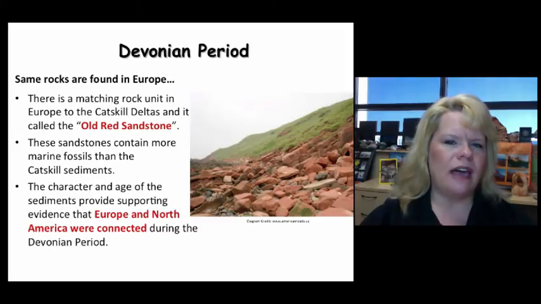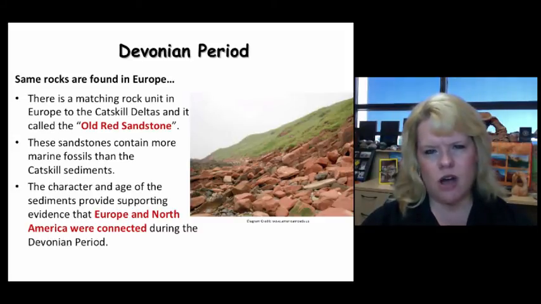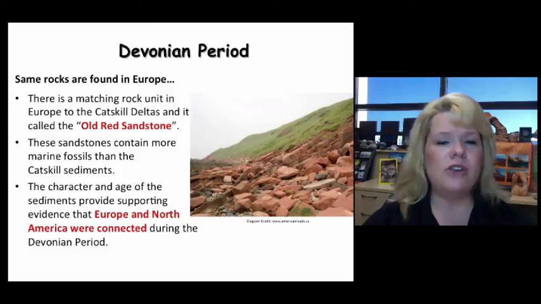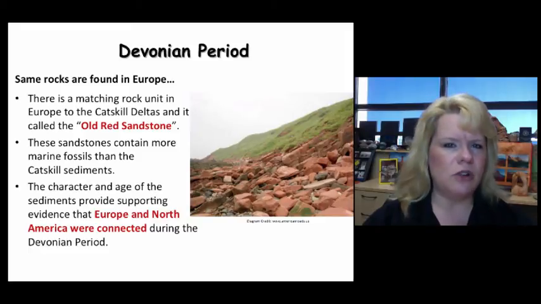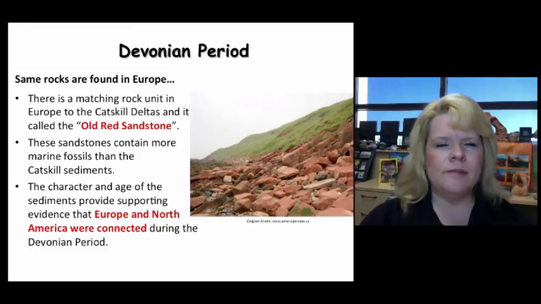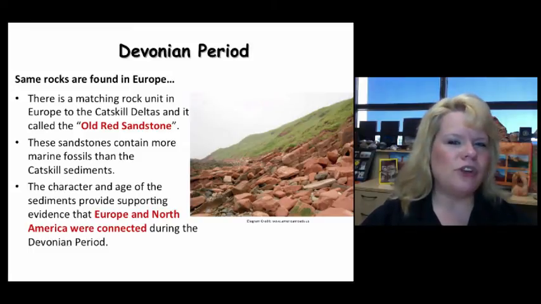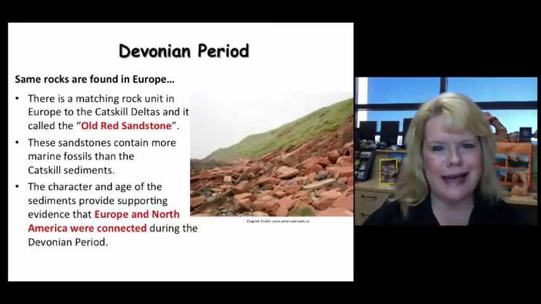So remember I said that Europe had a matching set of rocks to the Catskill red beds, and they do. Their rocks are known as the Old Red Sandstone, and it is distinctively a similar unit stratigraphically to the Catskill Delta.